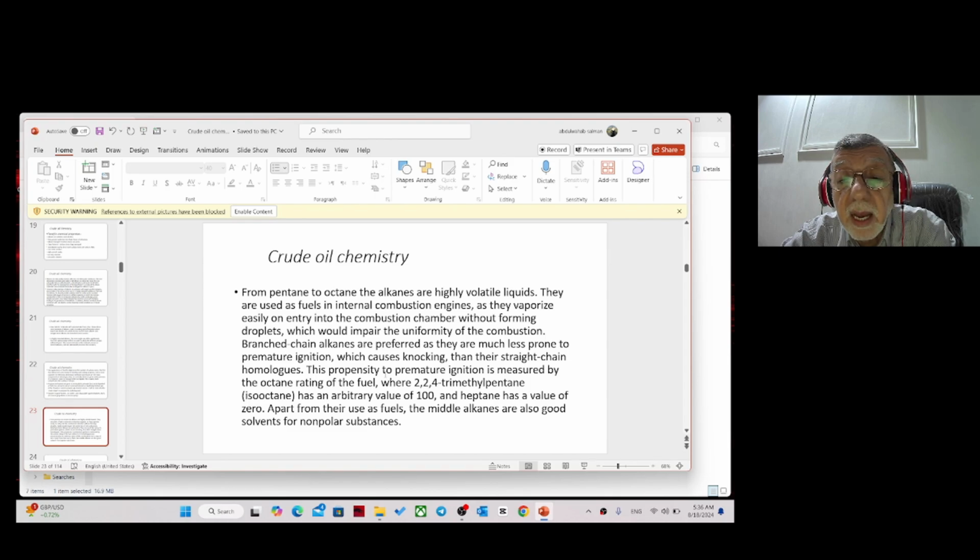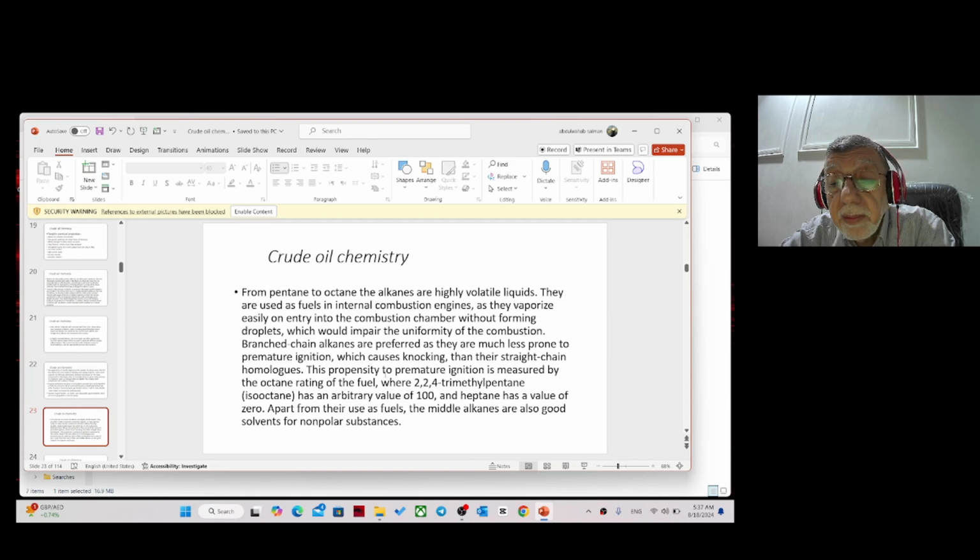Branched chain alkanes are preferred as they are much less prone to premature ignition, which causes knocking, than their straight chain homologues. So straight chain is not good for ignition because it ignites too readily, so it causes knocking during combustion in the car engine, more than the branched isochain. Isochain is better for ignition in a combustion engine.